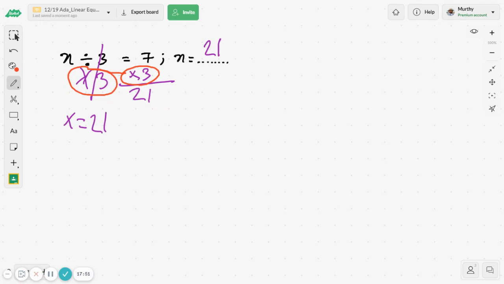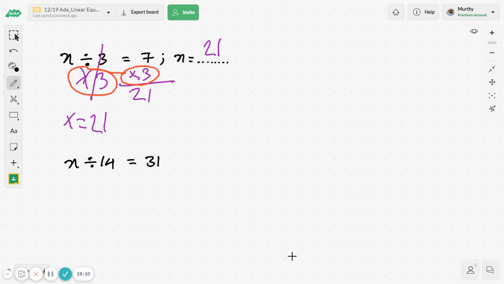Don't write them separately. Okay? So that you'll never make a mistake. Now let's go to another question, which is x divided by 14 equals, say, 31.